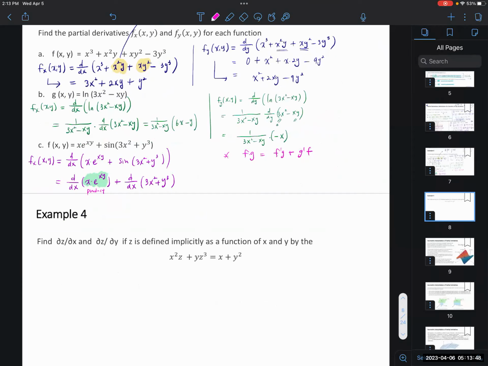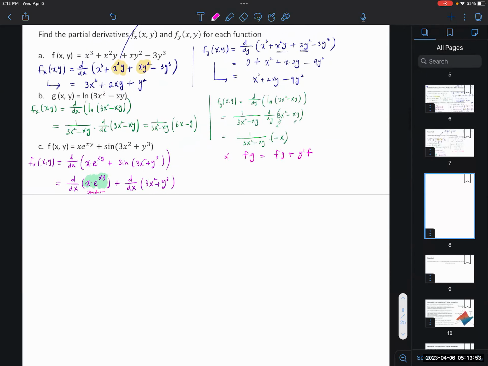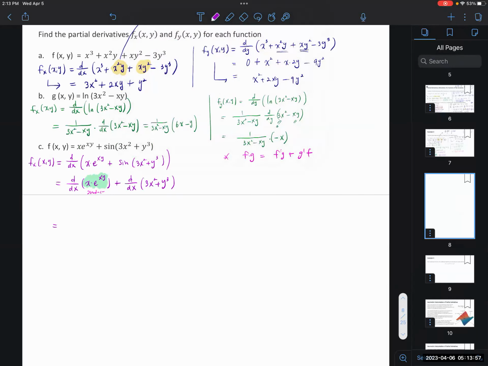Actually, I need a space. Okay, all right, step-by-step work. So first, here, we are going to only consider the x variable. So f is x, g is e to the xy, and you are taking d over dx of the x, so that is going to be 1. This is the f prime.